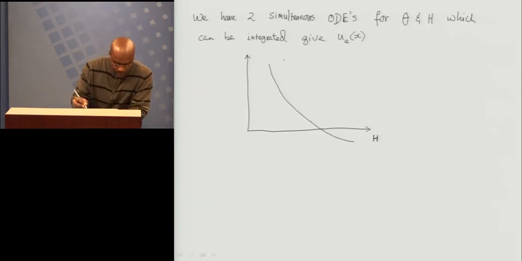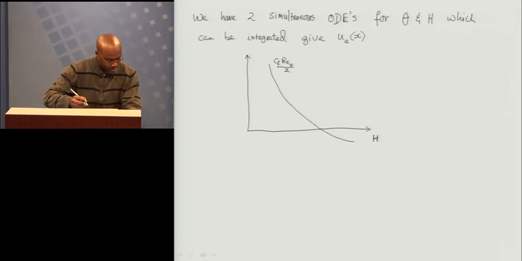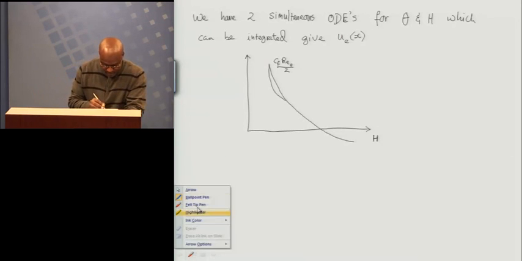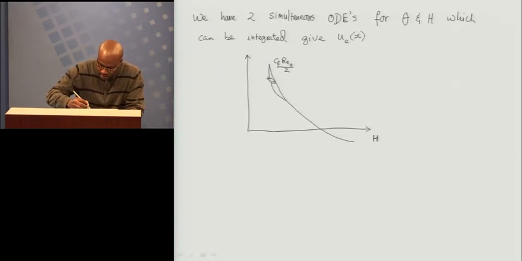And this would be Cf times the Reynolds number based on theta over 2. And if we were to plot the other parameter, it would look like this. Just a second, let me redraw that.